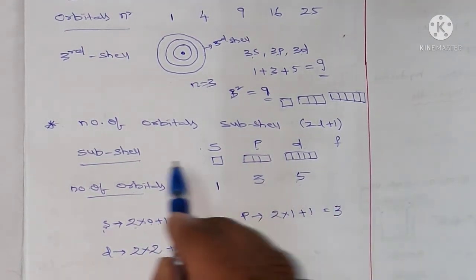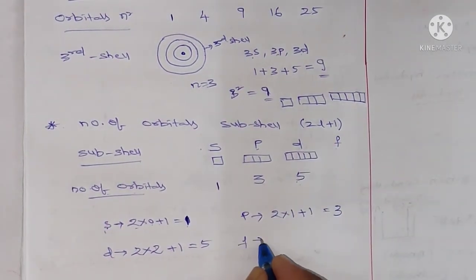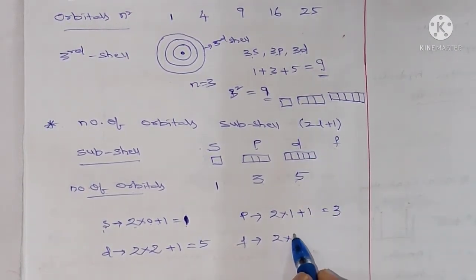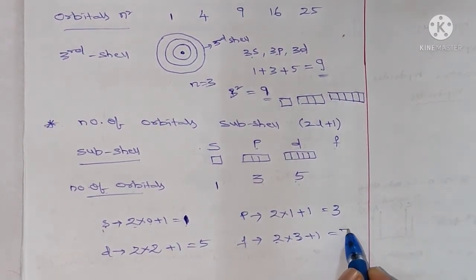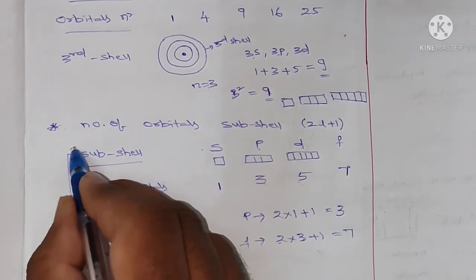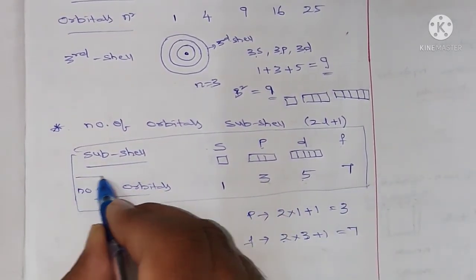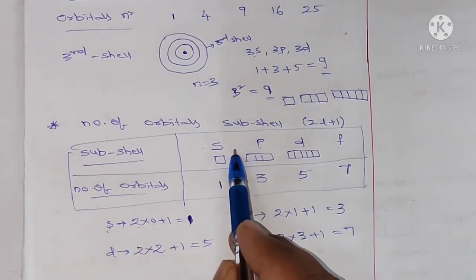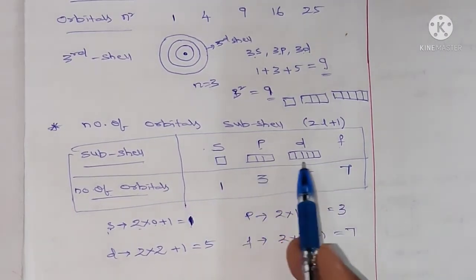And the number of orbitals present in the f subshell is 2 into the l value for f, which is 3, plus 1, equal to 6 plus 1, 7. So these are the subshells, and these are the total number of orbitals present in each subshell.